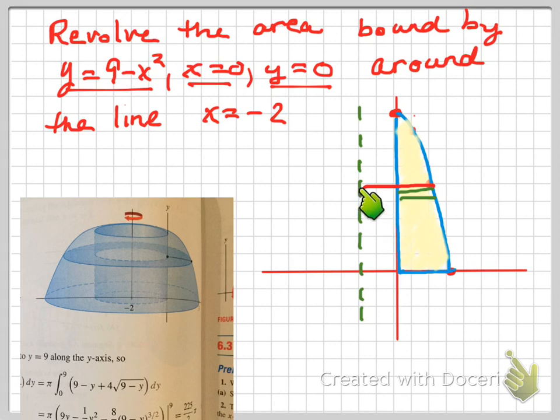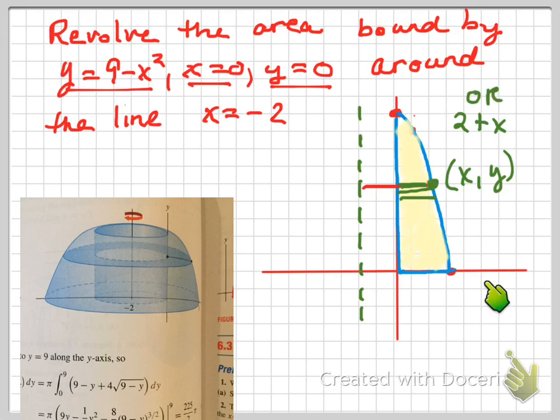This length from here to here is 2, and the length from here to here is x, the x value of that point. So this total length is 2 plus whatever x is on this curve. Essentially 2 plus x is my outer radius.